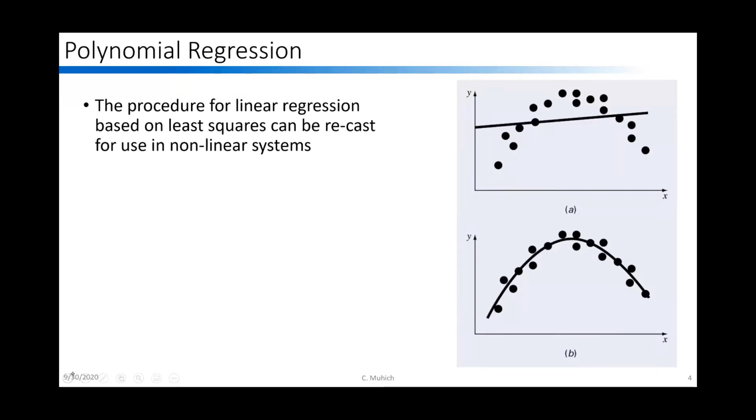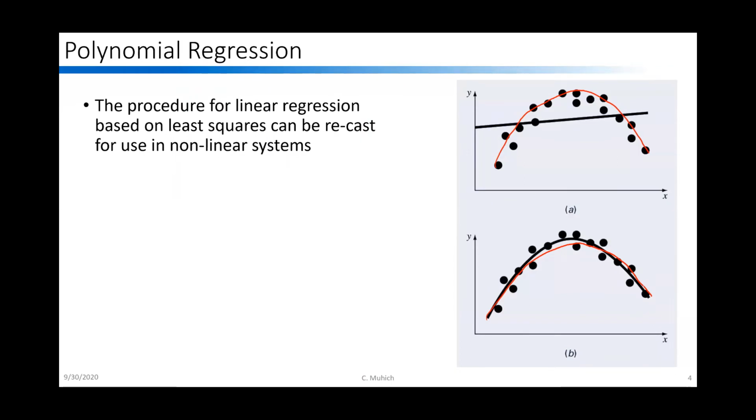So let's start out with a discussion on non-linear equations. If we just took, say, this data set over here, we can see that we could fit a line to it. However, that line wouldn't be very representative of the data. A parabolic fit would more accurately represent that data.